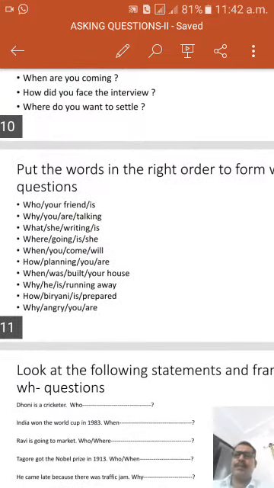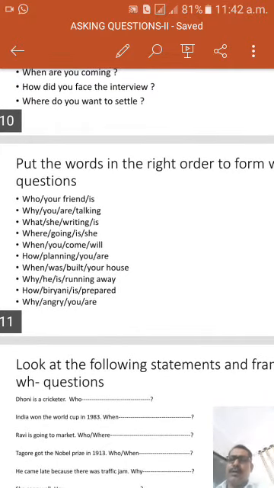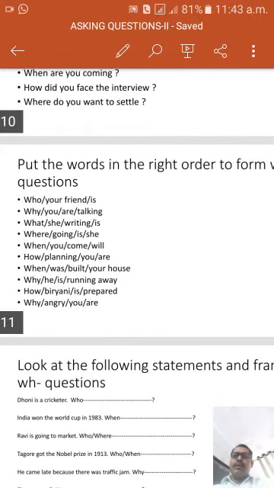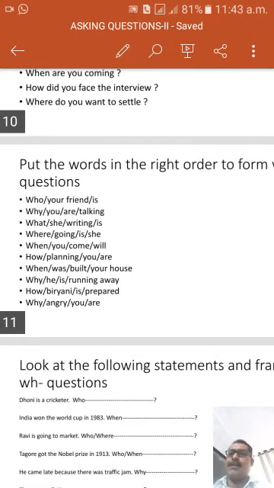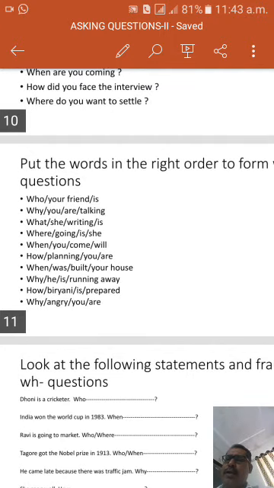Then some jumbled words are given. With these jumbled words we have to make some sentences. Who is your friend? Why are you talking? What is she writing? Where is he going? When will you come?